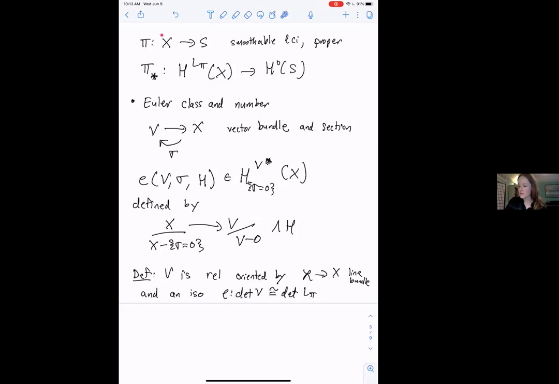So just, for example, the cotangent sheaf over K. And we're allowed to have the two differ by a square in the definition of V being oriented.